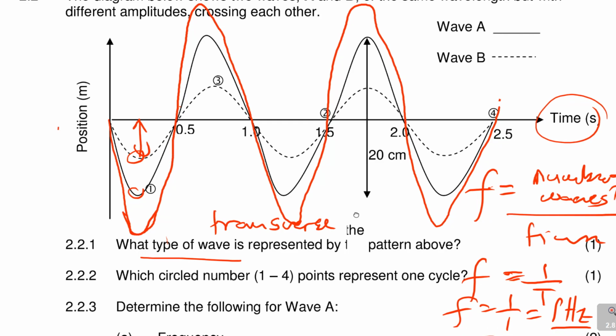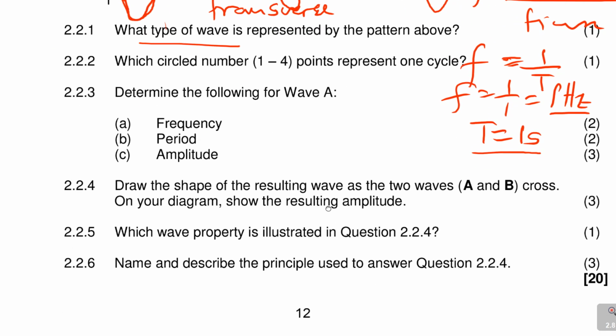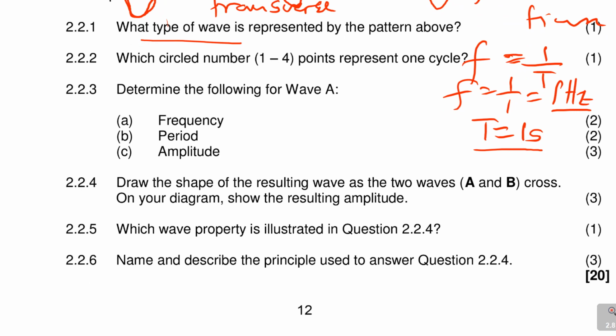Alright, constructive interference. And then what wave property is illustrated in 2.24? Actually, I'm answering this wrong.